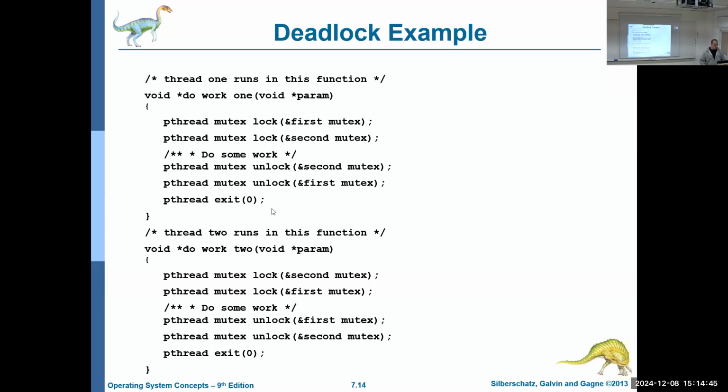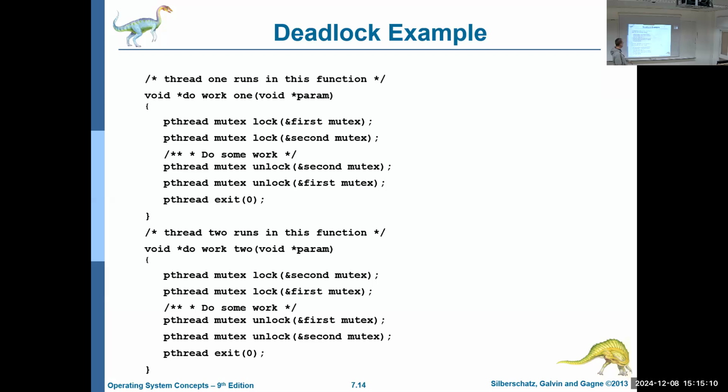This is a very simplistic example. I think we saw this before, actually. This is with threads, we have a thread, mutex lock, that's a function, should really have underscores here. And basically I need 2 mutexes. So I wait for the first mutex, then wait for the second mutex.